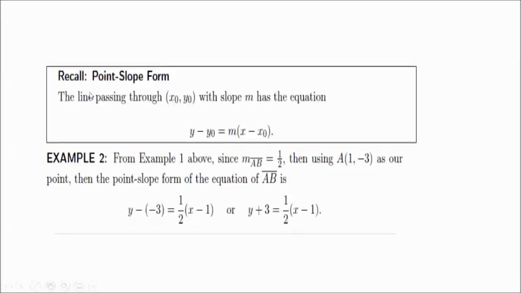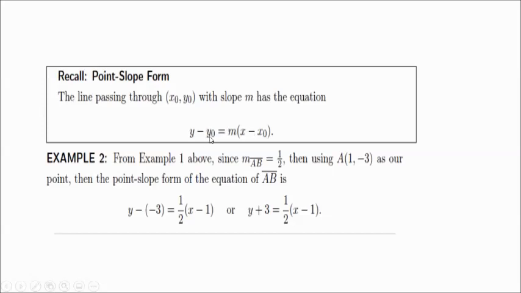And then we have the point slope form. The line passing through x sub 0, y sub 0 with slope m has the equation, this one. This is the point slope form, class.